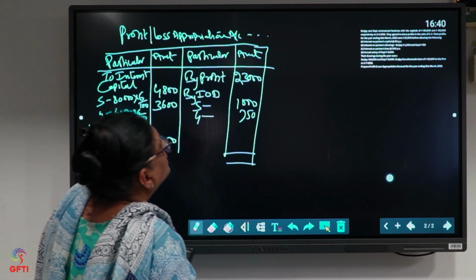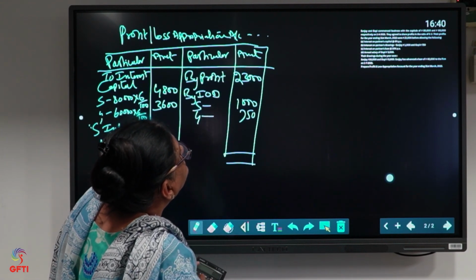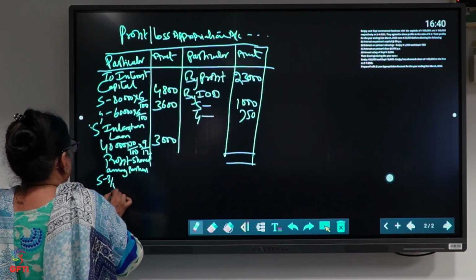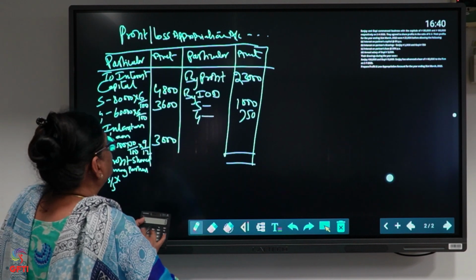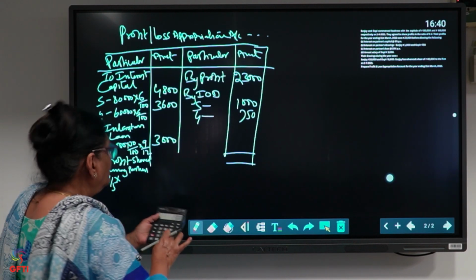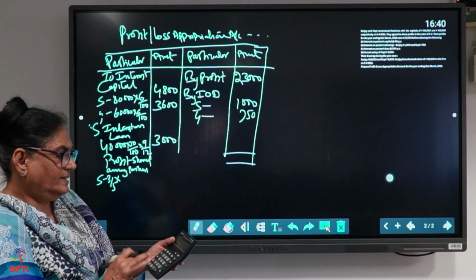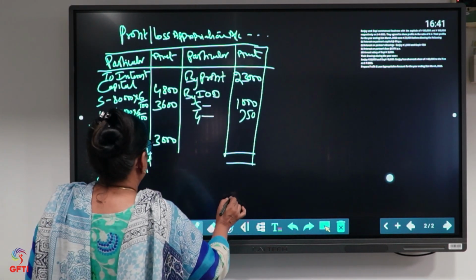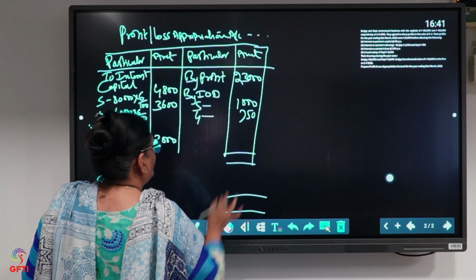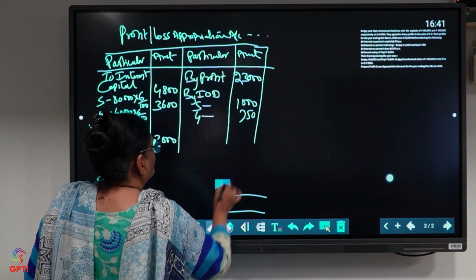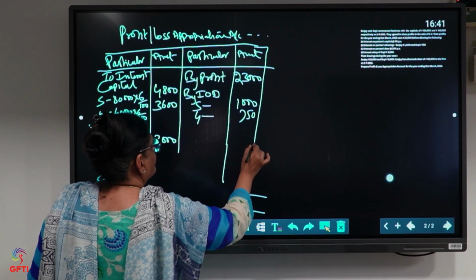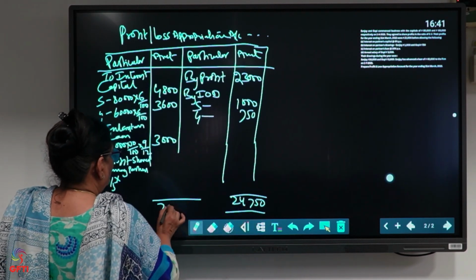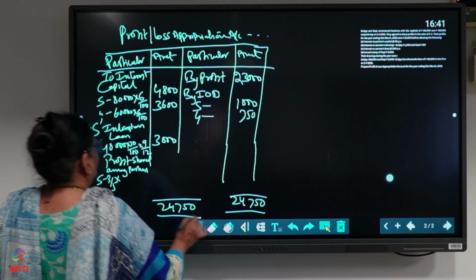What was the profit shared among the partners? What was the ratio? 3:2. Let's see what is the difference left: 23,000 plus 1,000 plus 750, so 24,750. Correct?